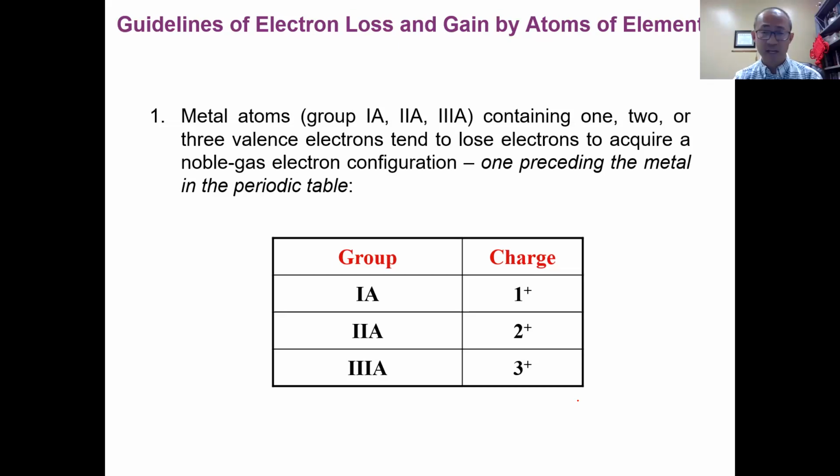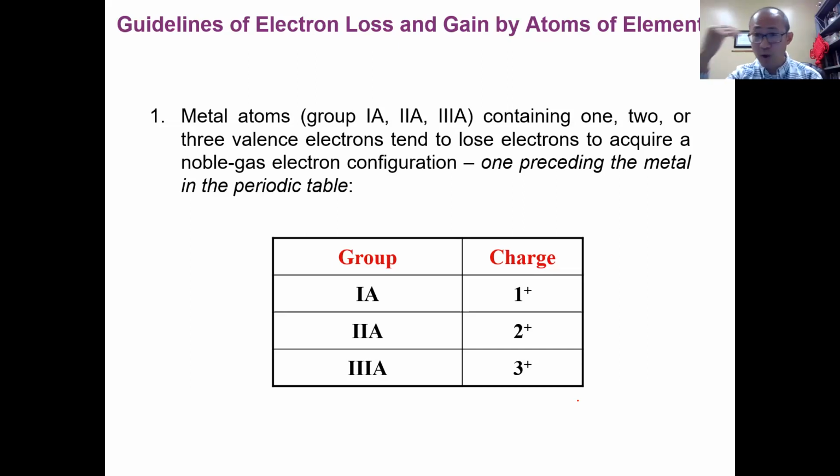It's easier, losing electrons, to become a noble gas configuration. The noble gas configuration will be the one preceding the metal because they're losing a shell. So the third period will become the noble gas configuration of the second period, and the fourth period will become the noble gas configuration of the third period. The corresponding charges will be +1, +2, +3.